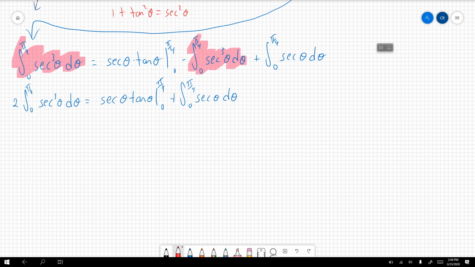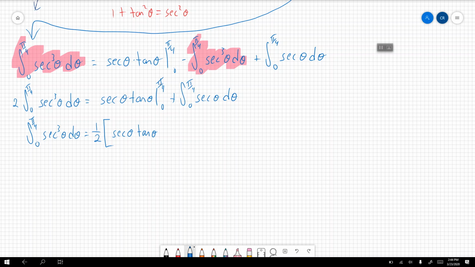Now, once we have this, we're then going to go back and we're going to try to say, okay, well, let's evaluate what is secant of theta. Now, again, that secant of theta we went through in the previous example that we could evaluate that. So, when we're working with this, we get secant cubed theta d theta is equal to 1/2 multiplied by secant theta tangent of theta.